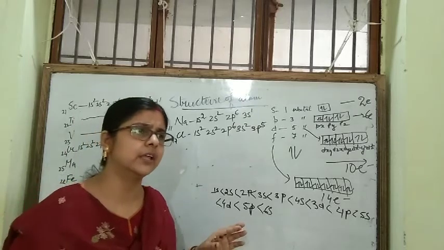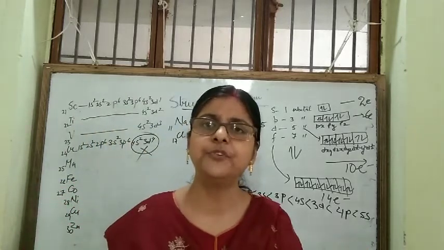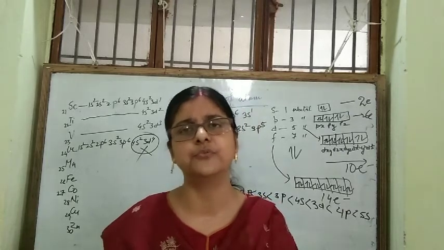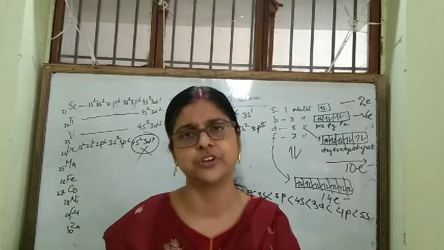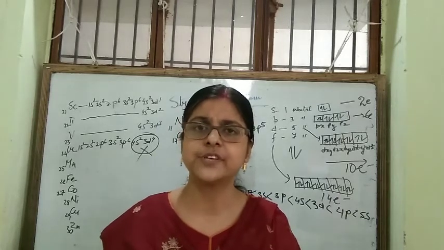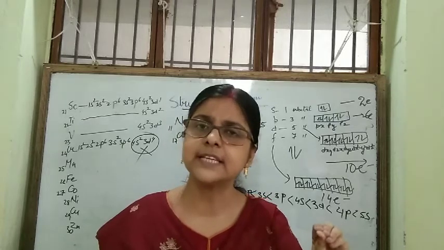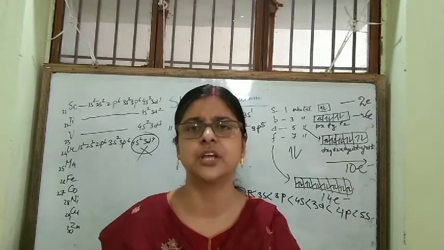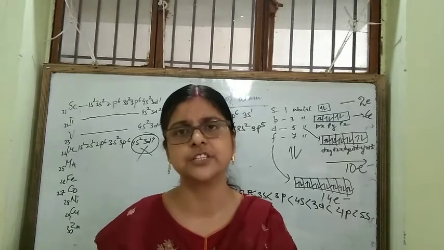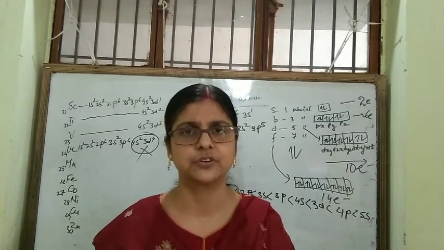Whenever you are getting an orbital with half-filled or full-filled electronic configuration, then that configuration gives a stable electronic configuration. And a stable electronic configuration lowers the energy of the system, so that is the right electronic configuration.